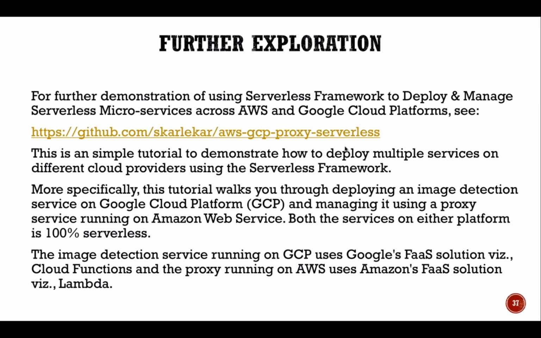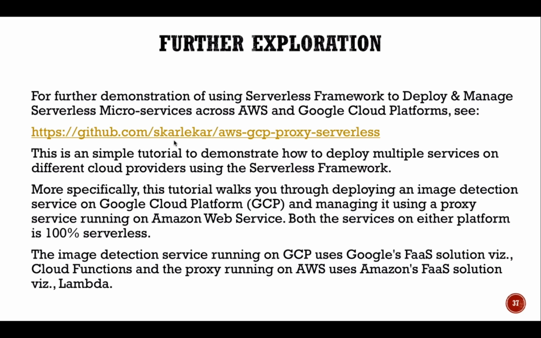If you're doing this yourself, I would suggest you start with this example here, which is a simple hello world where you're using serverless framework to deploy microservices across two different cloud providers.